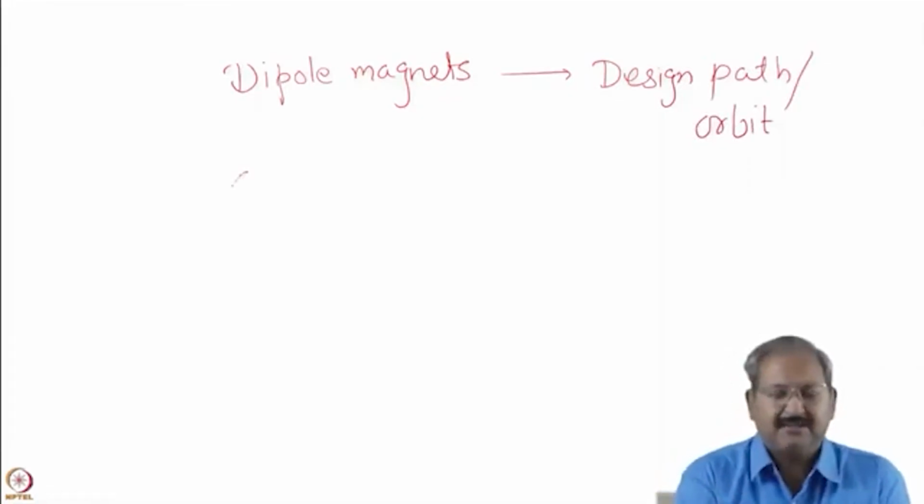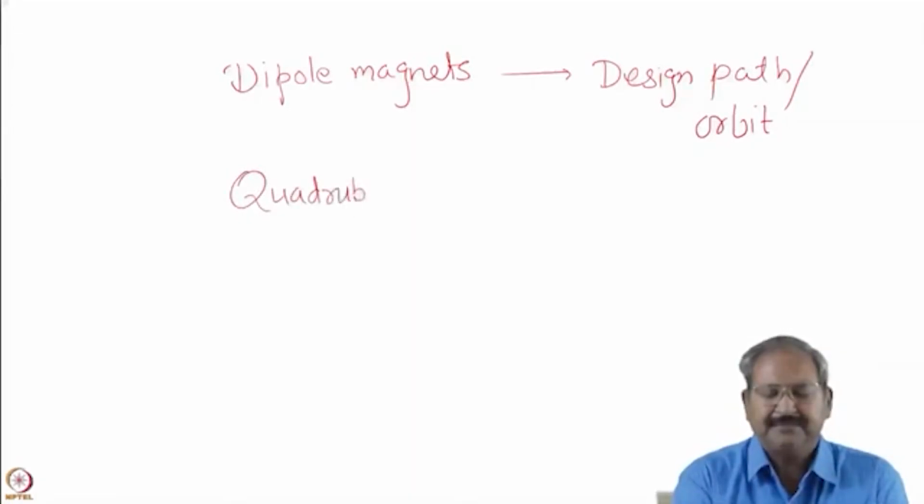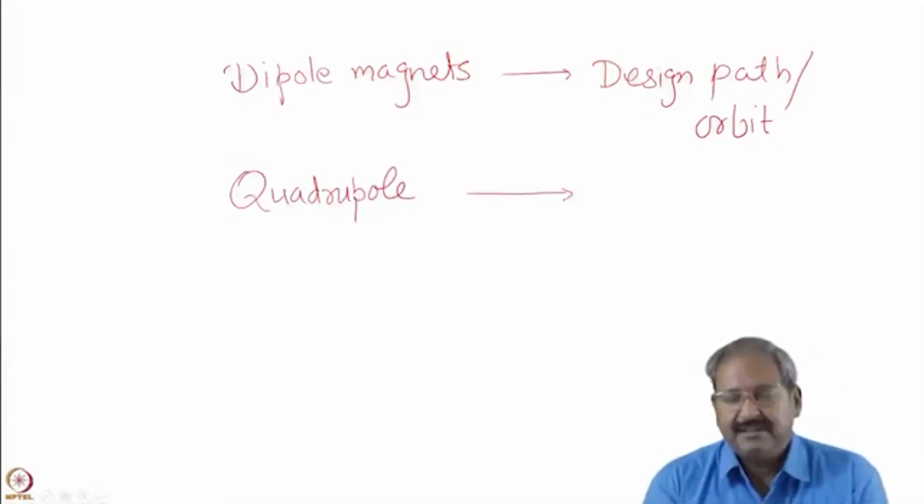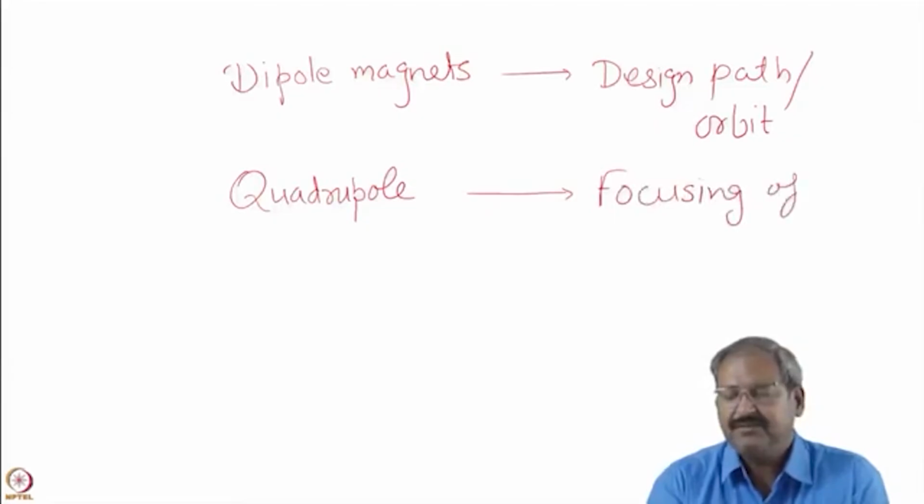And what does the quadrupole magnet do? The quadrupole magnet does the confinement of the beam around this design trajectory, which is decided by the dipole magnets. So the quadrupole magnet is used for focusing of the charged particles.